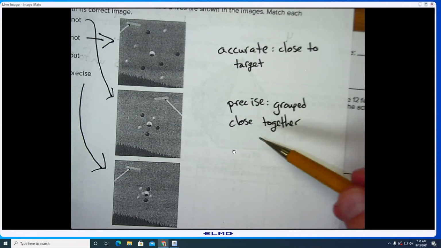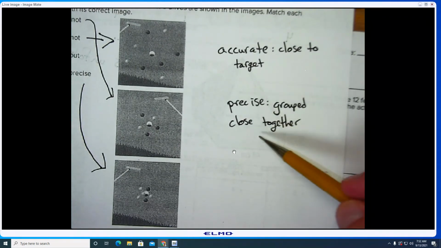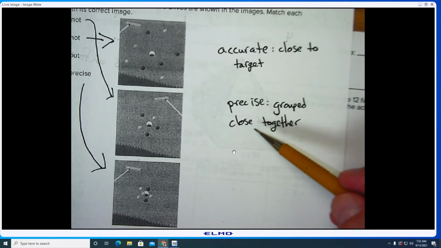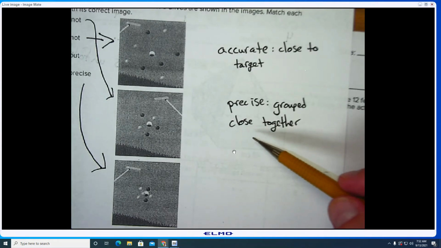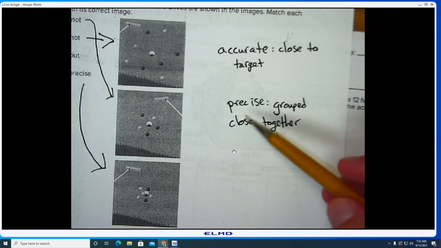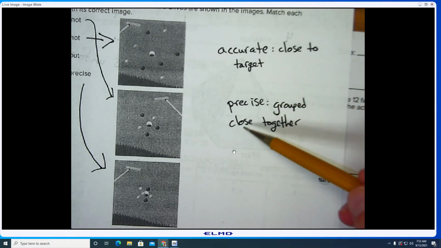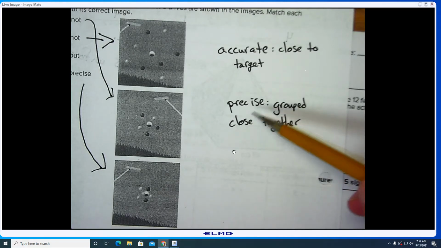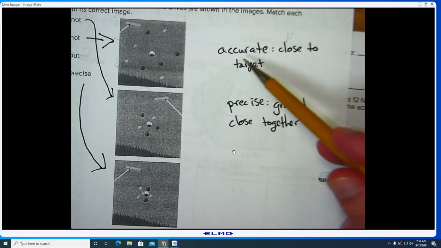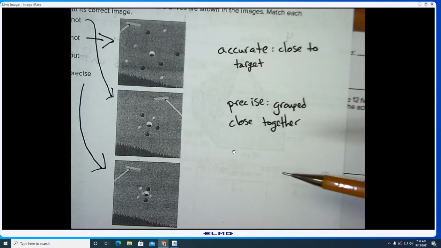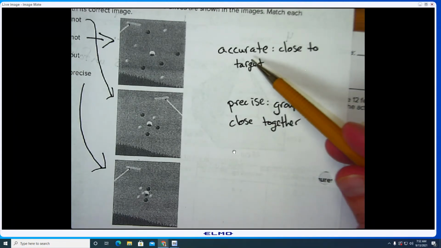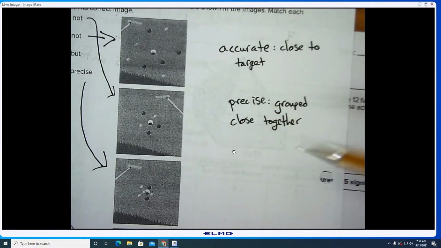It's kind of like doing target practice with a paintball gun. The gun hasn't moved, and all of the shots are located and grouped together in a spot, not necessarily on the target. So the paintball gun would be precise, but we just need to change the targeting on it. All right.